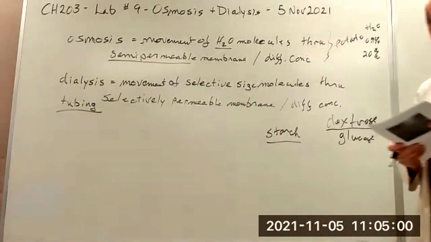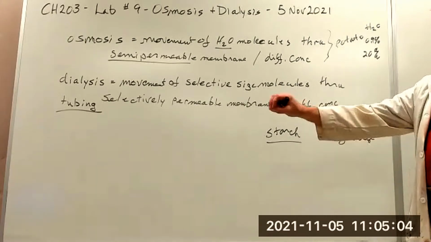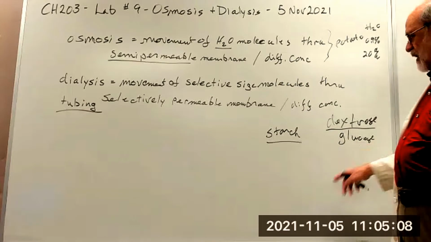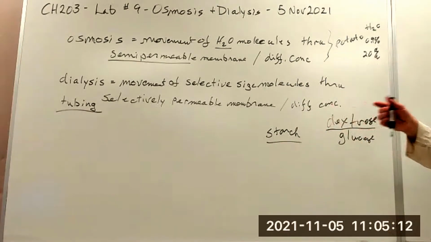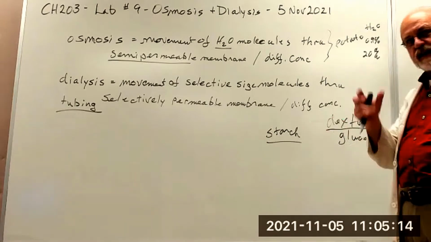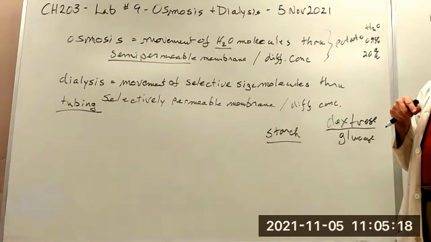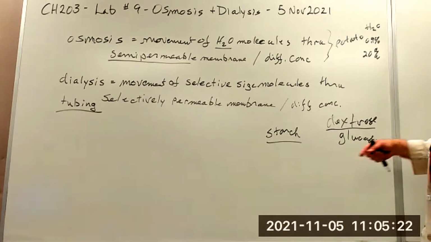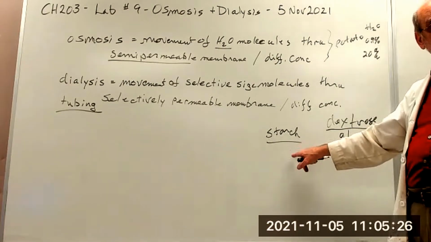Right? Starch is glucose in a long chain, a big polymer. So this is the small molecule and this is the big one. So what would we expect from this? Well, if you put both of them inside that tubing and then immerse it in distilled water, which one's going to move through the tubing? That one we expect. And this one's going to stay behind.